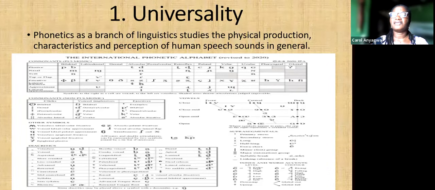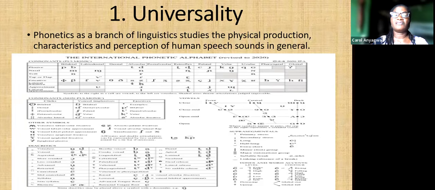Phonetics, as a branch of linguistics, studies the physical production and characteristics of sounds in general, human speech sounds in general. This is another way of saying that phonetics is universal. It applies to all sounds of all languages.